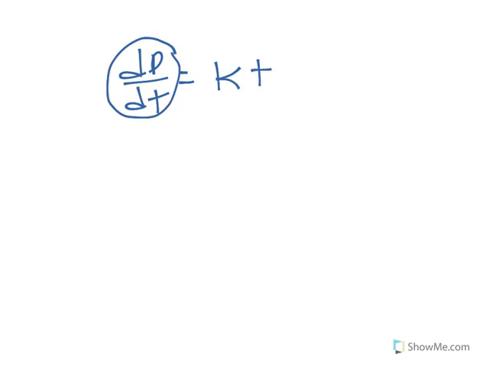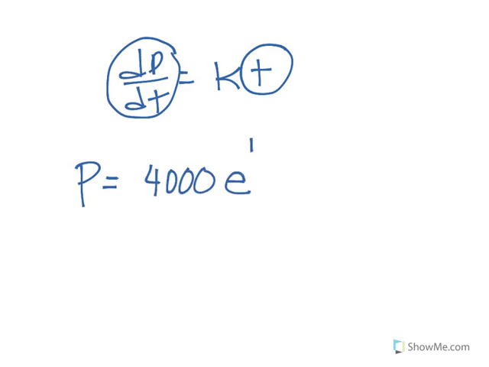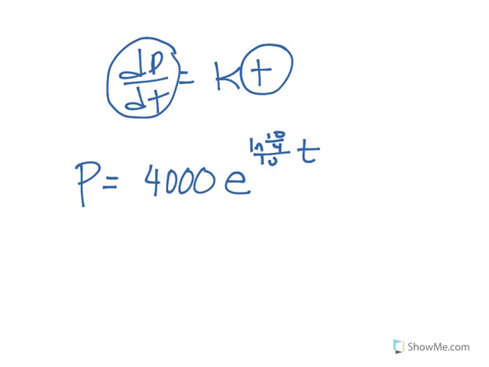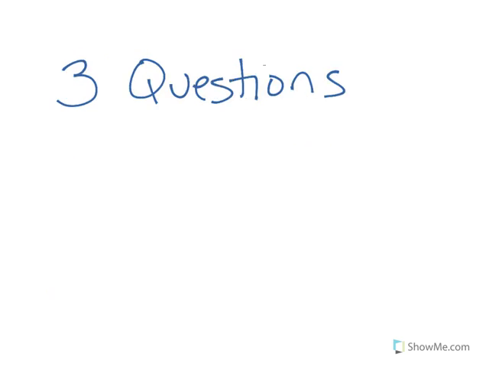Instead of having the initial equation, dP over dt equals kP, which related a rate to a quantity, I now have a new equation, P equals 4,000 e to the ln of 10 over 4 over 10, t, which now relates the quantity population to the quantity time.